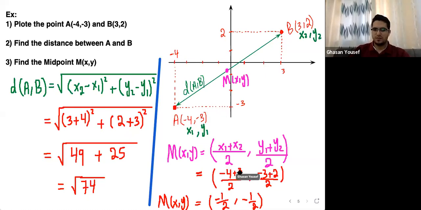So minus 4 plus 3 over 2 gives me minus 1/2. The same thing for the y coordinate. Y1 is minus 3 and y2 is 2. So minus 3 plus 2 gives me minus 1 over 2. The x coordinate and the y coordinate are the same. This is the midpoint.